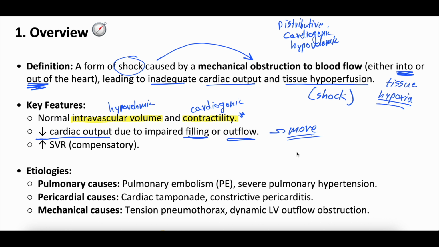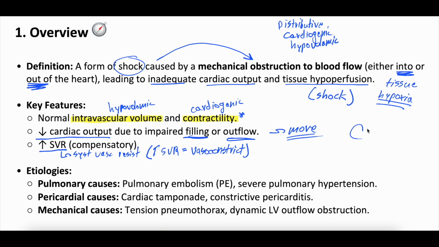The body then compensates by increasing the SVR. SVR stands for systemic vascular resistance. This is somewhat equivalent to vasoconstriction. So increased SVR, for the sake of this, is going to be synonymous with vasoconstriction. So your blood vessels constrict to try to maintain that organ perfusion.